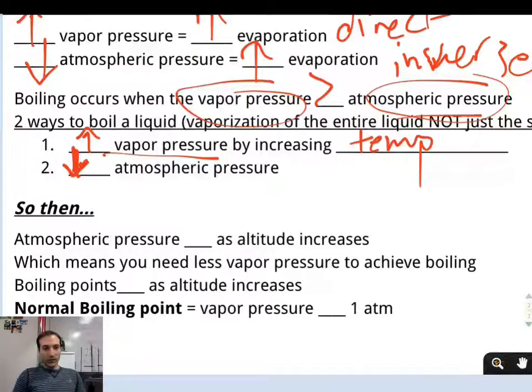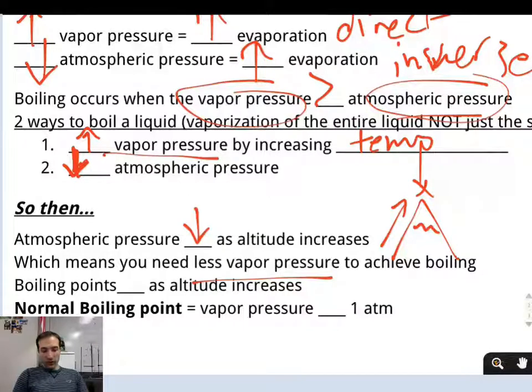Okay, so to sum things up, let me give you a little example here. We said earlier that atmospheric pressure decreases as altitude increases. As you go up the mountain, your atmospheric pressure is going to decrease. That means that as you get up to the top of the mountain, you're going to need less vapor pressure to get it to boil.